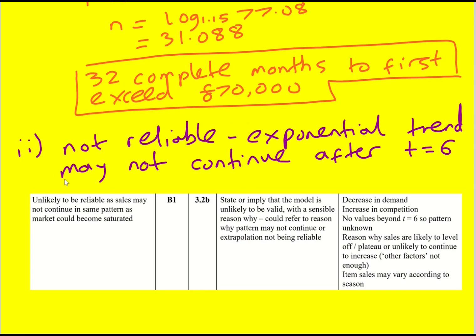It just said there's no reason to say that any kind of pattern should continue in the same sort of way. But I suppose if you want to be really thorough here, you should write something down, such as the market could become saturated, there could be a decrease in demand or increase in competition.